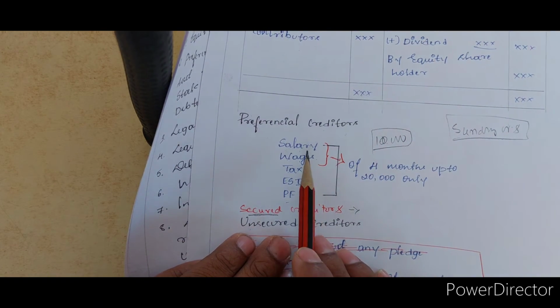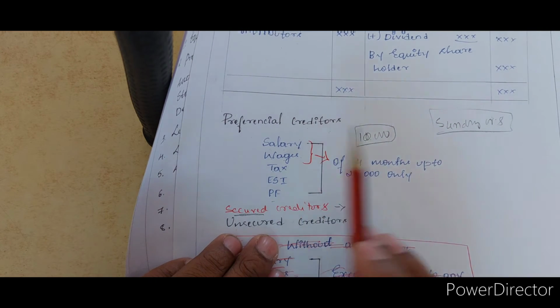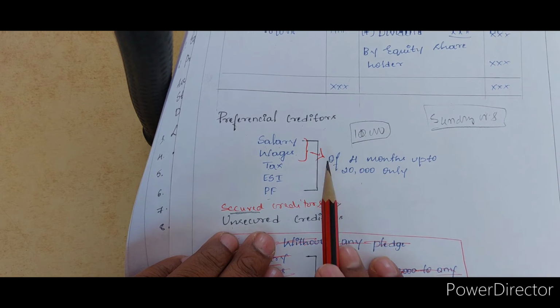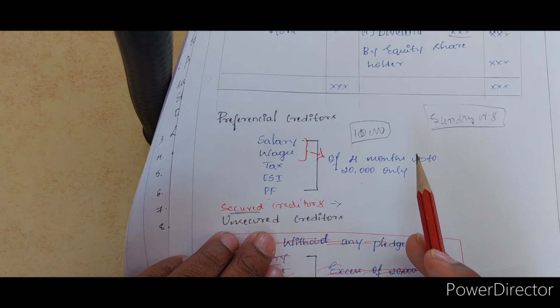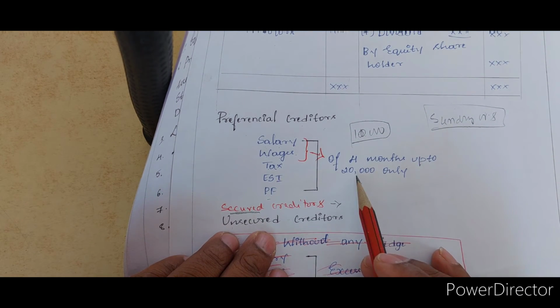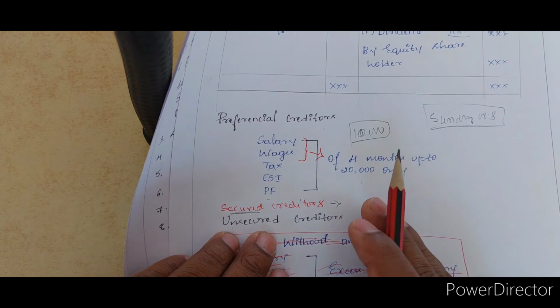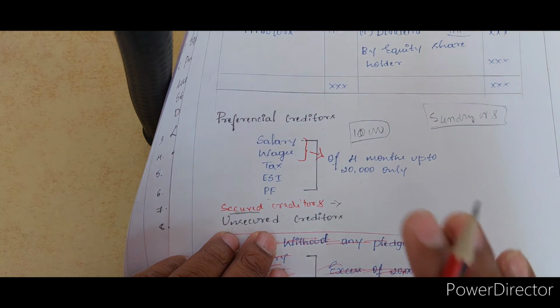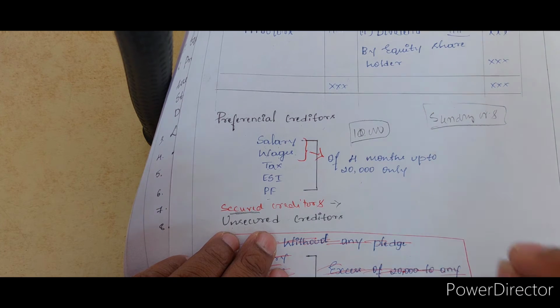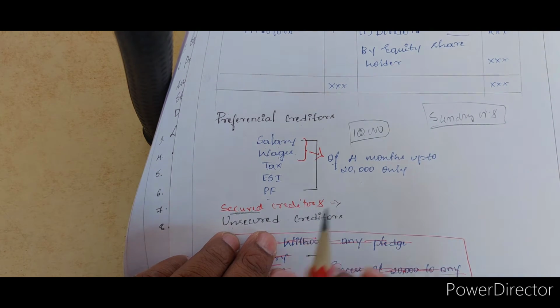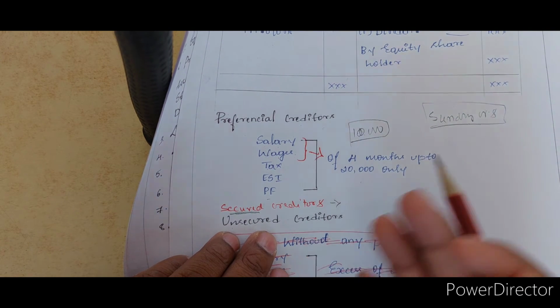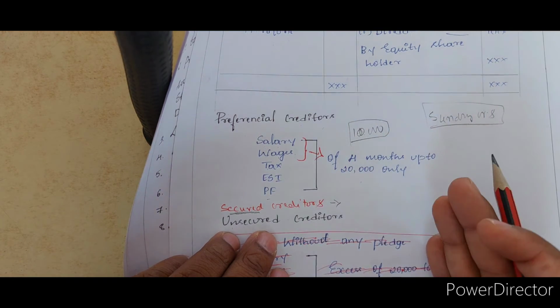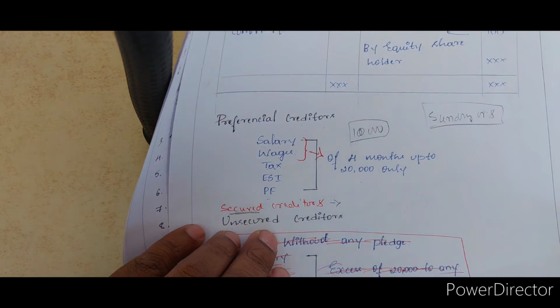The amount of salary and wages should not exceed 20,000. If it is 25,000, 30,000 or 50,000, you should consider only 20,000. If it is 15,000, you can consider 15,000, because it is less than the limit of 20,000 rupees.